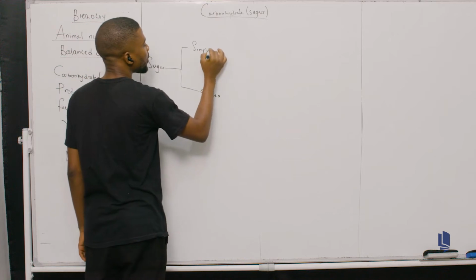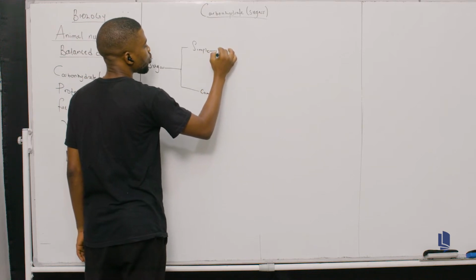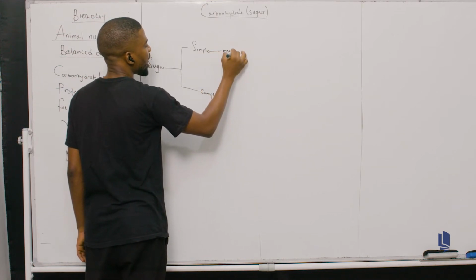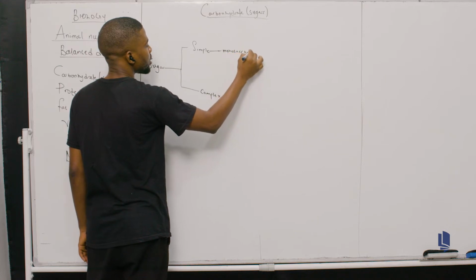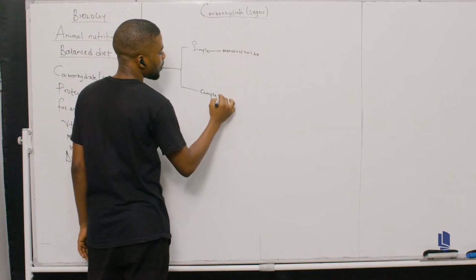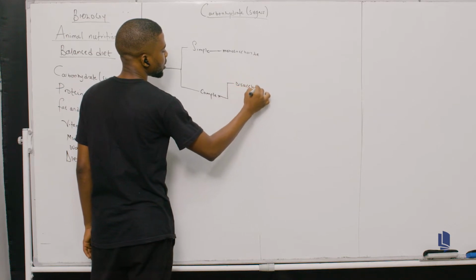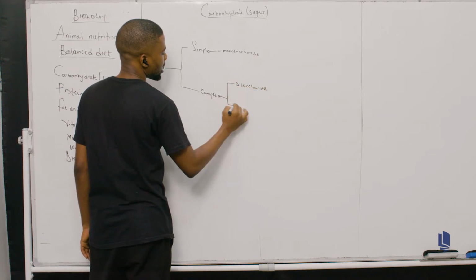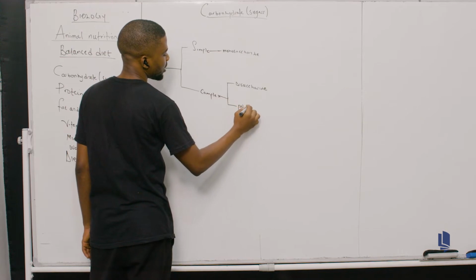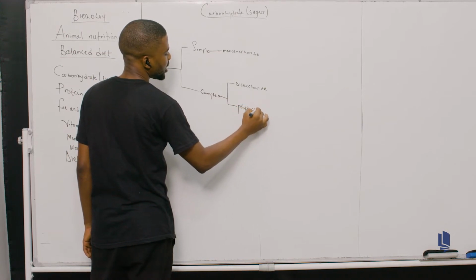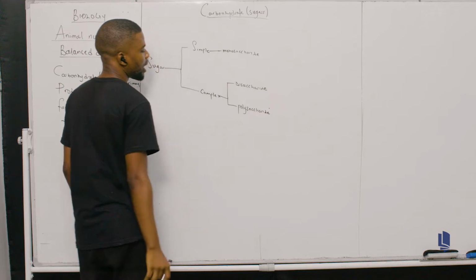The simple sugar is the monosaccharide. We got the complex, which is our disaccharide and the polysaccharide. I call this guy mostly structural carbohydrate.